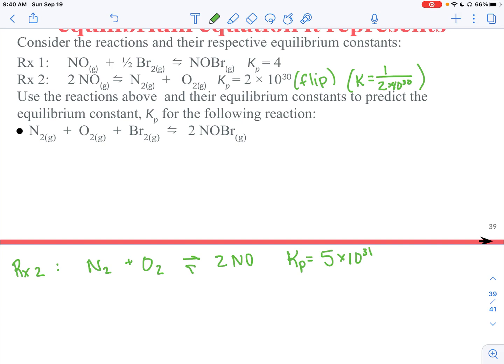So O2 in our overall reaction, we already did. It shows up only here, okay? Br2. Br2 shows up in one place, right here, but it's half Br2. So we're going to need to multiply this one by 2.